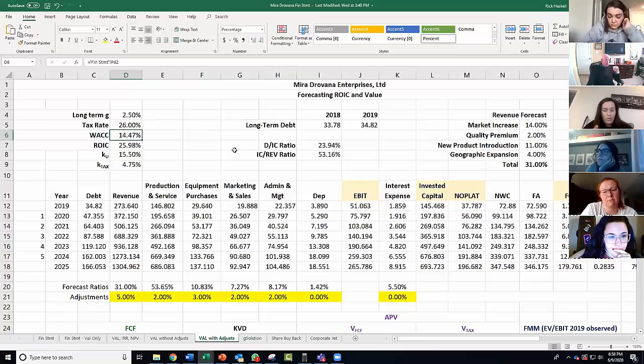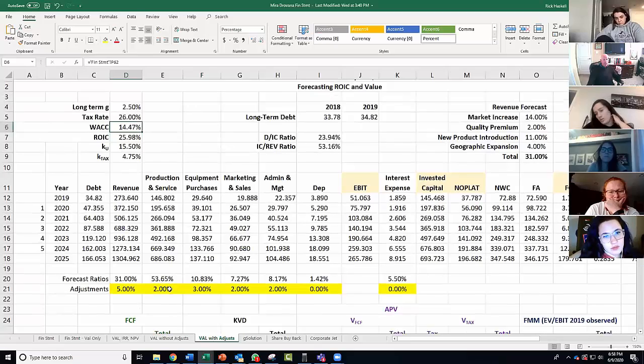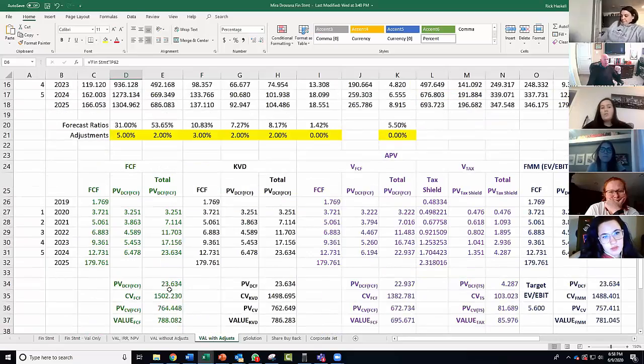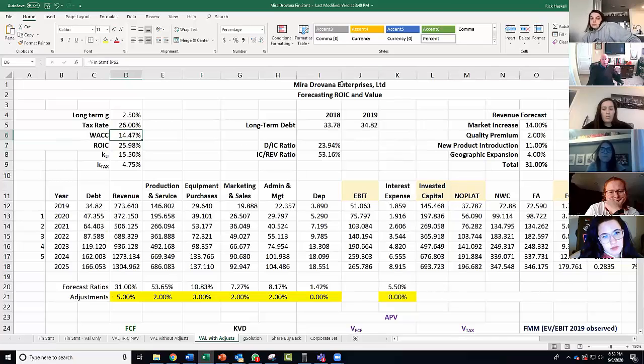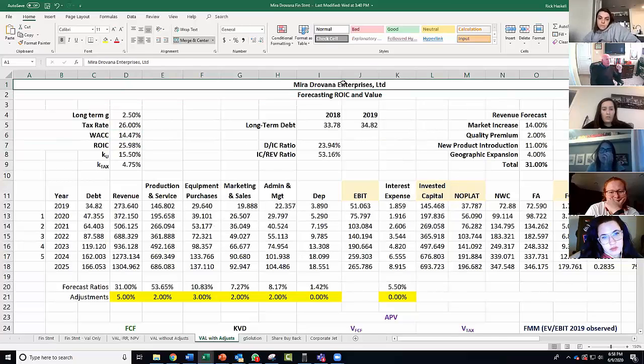The technical term for this, Michael, is score. All right? Okay. This is how companies in the markets can end up going for premium prices, and the entities that buy them still do just fine. Because I'm not going to buy Mira Dravana Enterprises if I think I can't improve its outcomes.